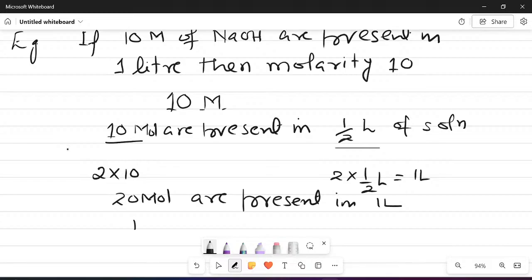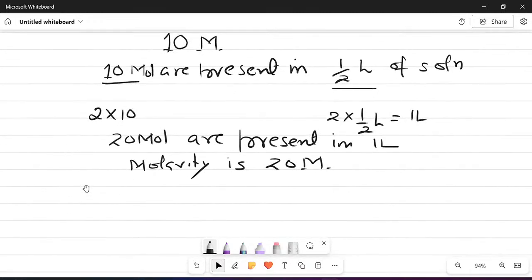So molarity is 20, or we can say the solution is 20 molar. So this is the meaning of molarity.